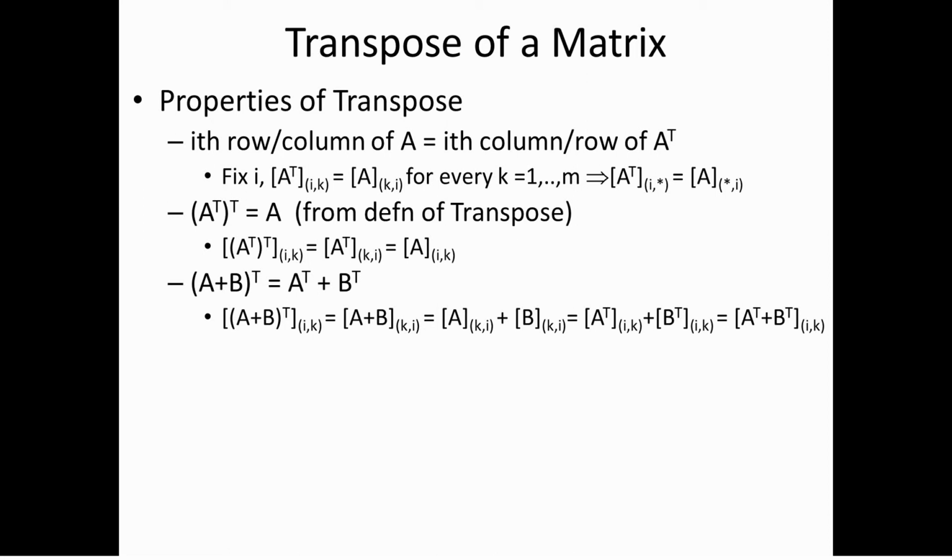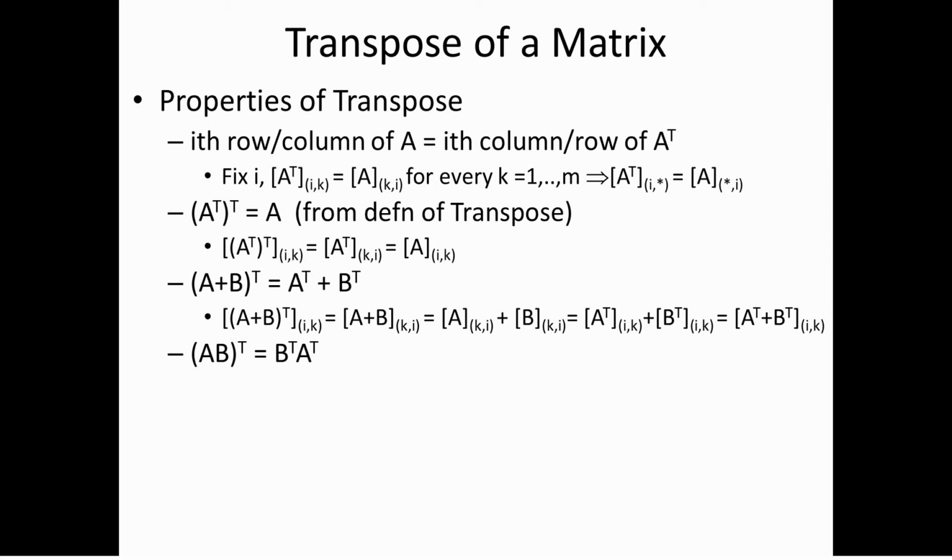So this is obtained by taking the kth element of A plus the kth element of B, and by definition of transpose, this is equal to the kth element of A transpose plus the kth element of B transpose. And since matrix addition is done component wise, this is the kth element of A transpose plus B transpose. Okay, we're just using the definition of transpose and some properties of matrix addition.